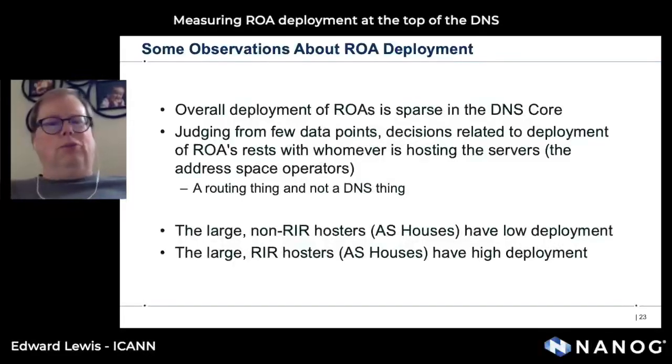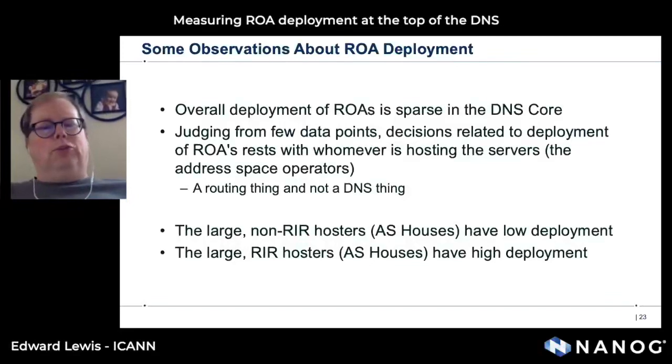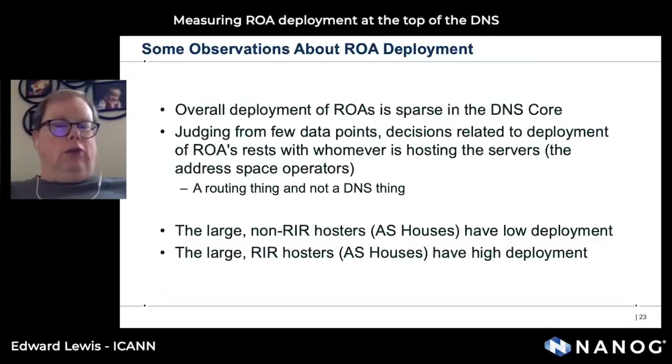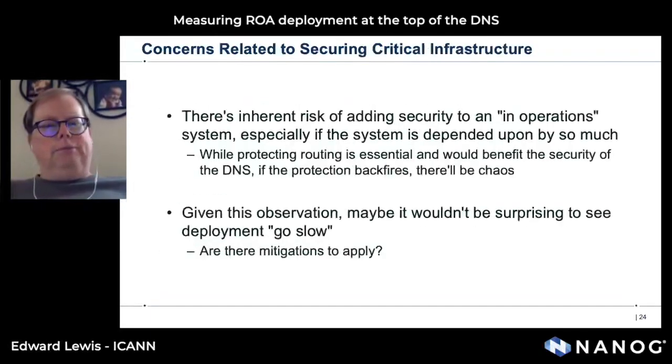So, overall statements: ROAs are sparse. There's not a lot of data here. Large non-RAR hosters, AS houses, have low deployment, but the large RAR hosters do have high deployment. So the last 2 bullets show a contrast in who's rolled it out.